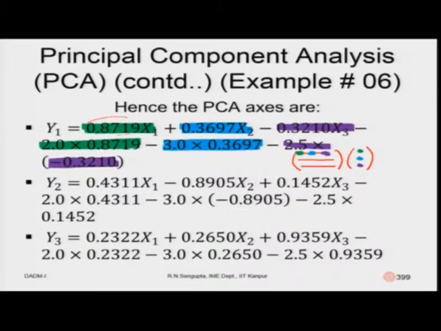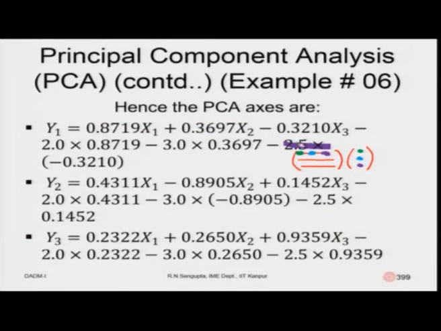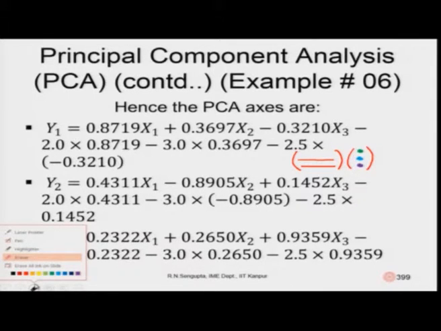Similarly, when I go to find out y2, again, let me delete this. So, the first row is gone. Gone means it has been already taken care of through the calculation.